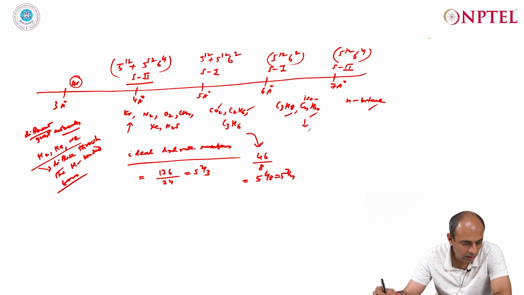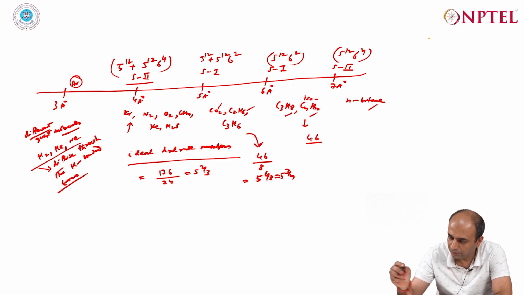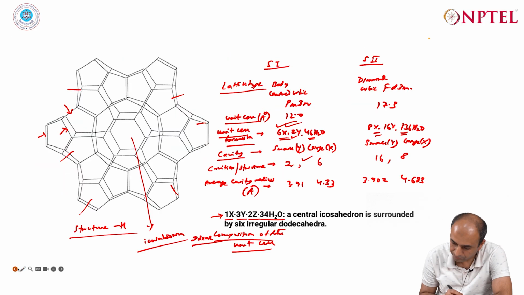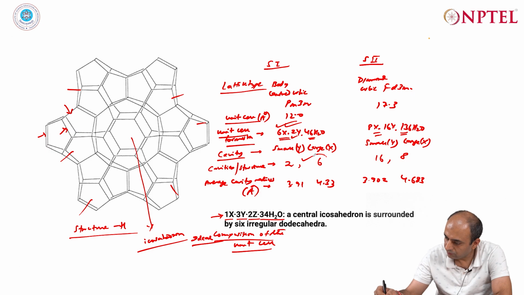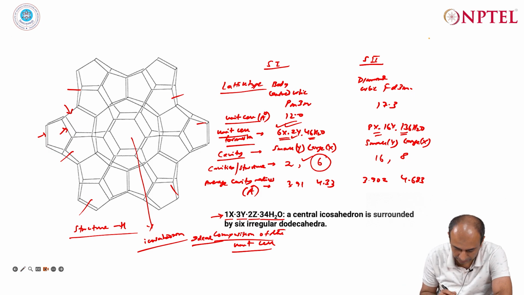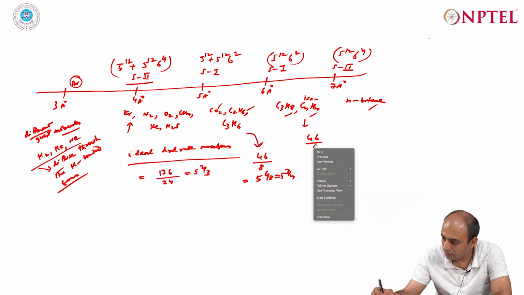Here this is only occupying the 5^12 6^2 voids. The number of water molecules is 46, but now only the 5^12 6^2 voids are occupied. As you can see, the 5^12 6^2 voids are the larger ones. So, they are occupied, and that is 6 in number.